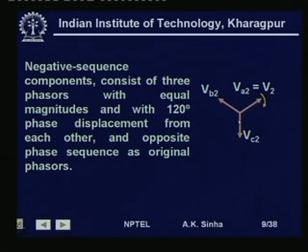Again, this is a balanced set of quantities, a balanced symmetrical set of 3 phasors. The only difference between the positive sequence and the negative sequence component is that the phase sequence of the negative sequence component is reverse to that of the positive sequence component.